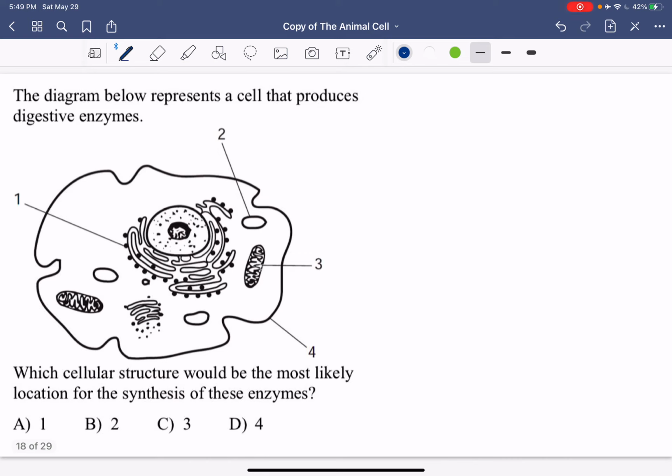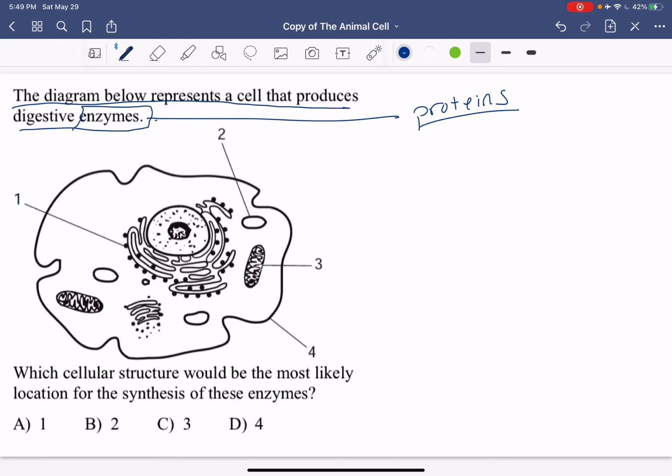Next, let's read. The diagram below represents a cell that produces digestive enzymes. Now, this is something that we're going to have a video about protein synthesis in the future, but just remember that enzymes are proteins. Okay? Now, we're definitely going to bump into a lot of information that we should know, and I'm going to briefly give you that background, but enzymes are proteins.